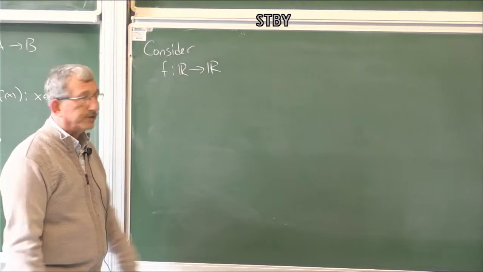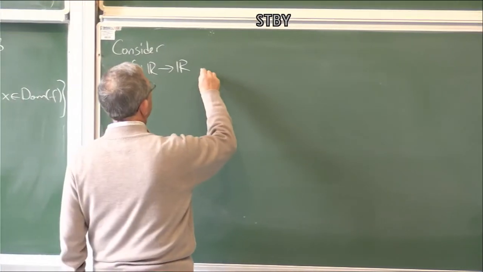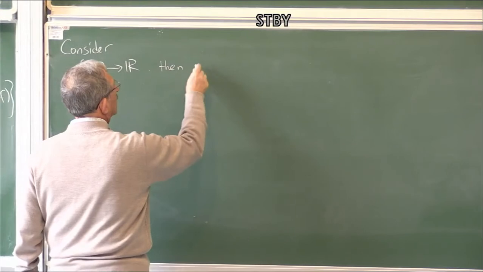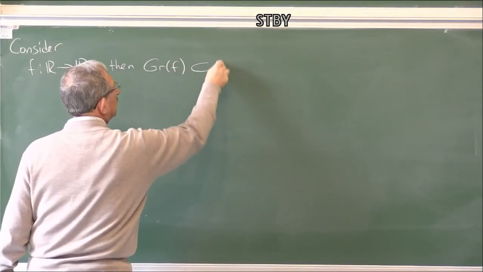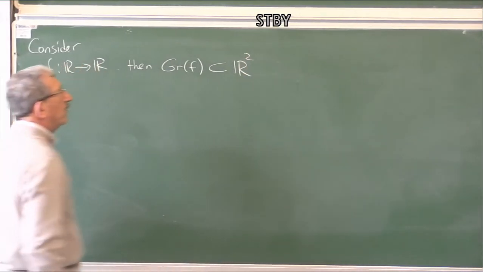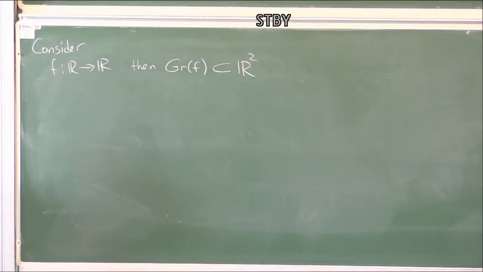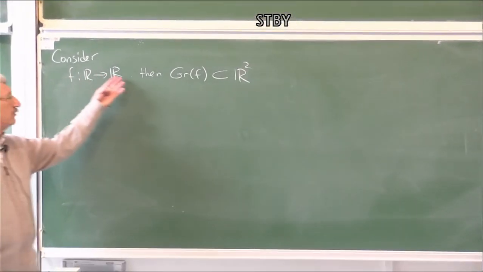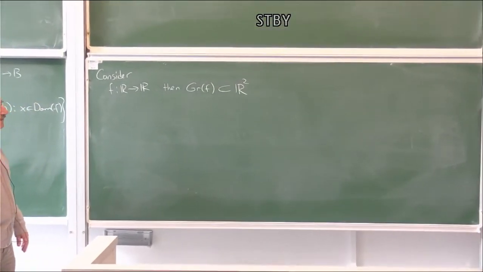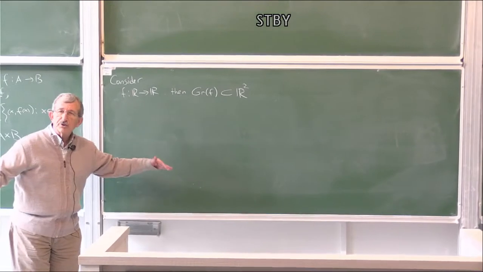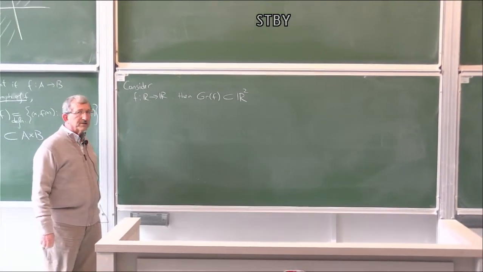That's not the question here. Then the graph of f is a subset of R2. We are well familiar with this fact. Any function from reals into reals, like f of x is x squared, has a graph which looks like a nice curve in R2, but it's in R2.